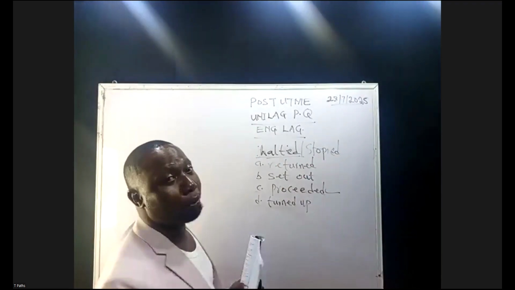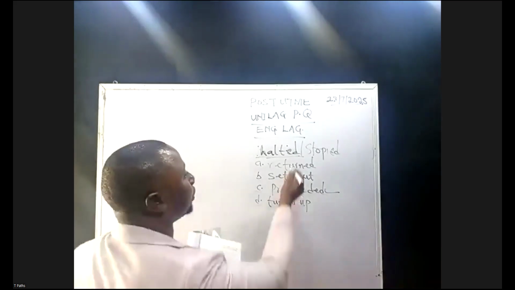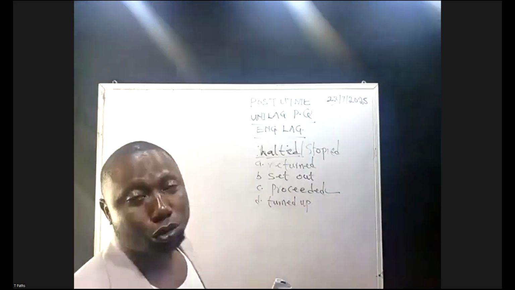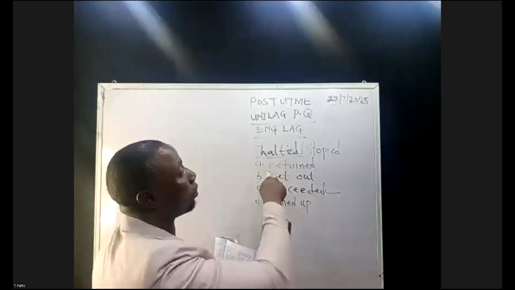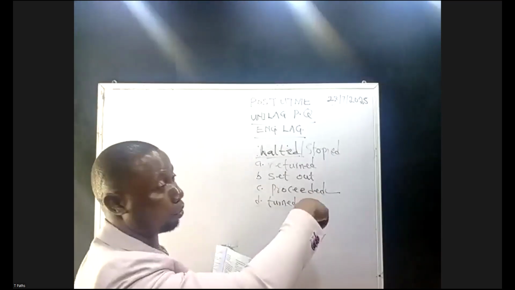I wanted to write stop before, but remember that the original word given to us is in the past tense. So I have to change the synonym for halted to stopped. What will be the opposite of this word? Proceeded. Yes.